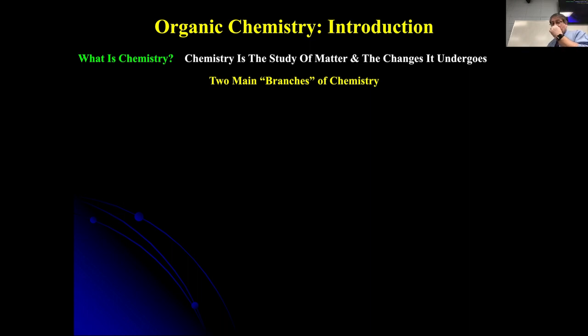All right, so let's get into some stuff about organic chemistry. So what is chemistry? Chemistry, of course, is a science. What is science? What do you think science is?